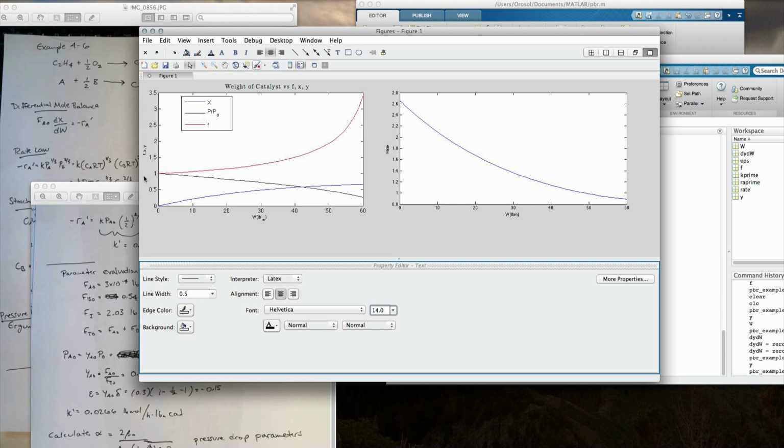I think it looks good how it is. And then this one looks kind of small, so I'm going to change it to 14 as well. And the same thing with this one. 14.